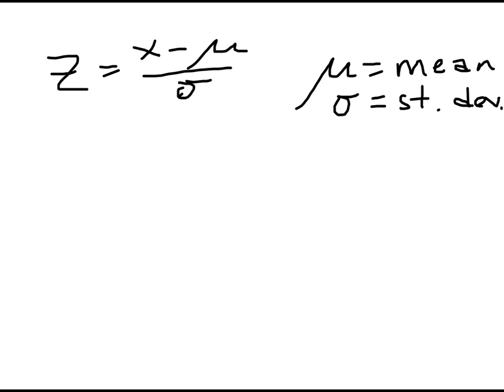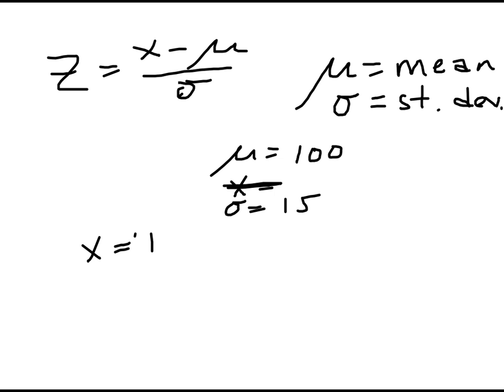So let's say that, for example, we had a group of data, and the mean was 100, and a standard deviation is equal to 15. What's the probability that, of all this data, if we were to select somebody, that person scored 130?